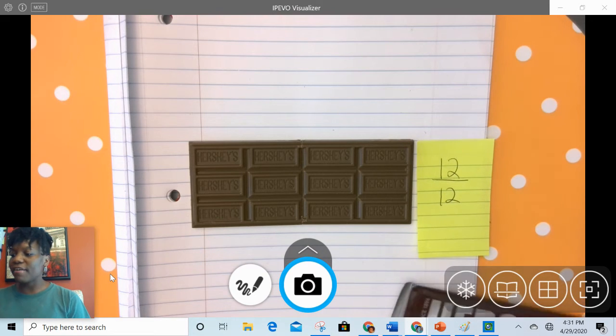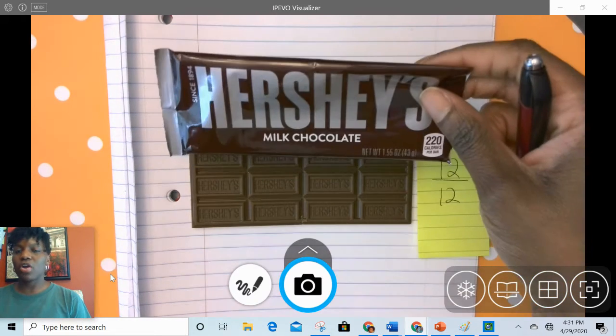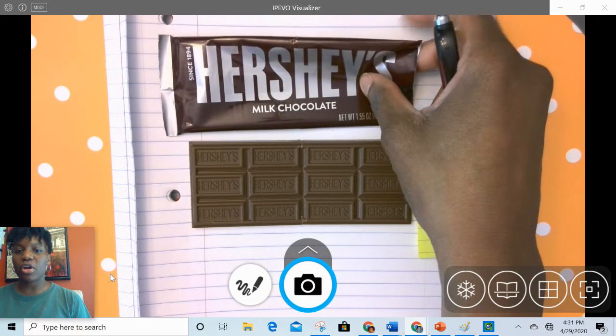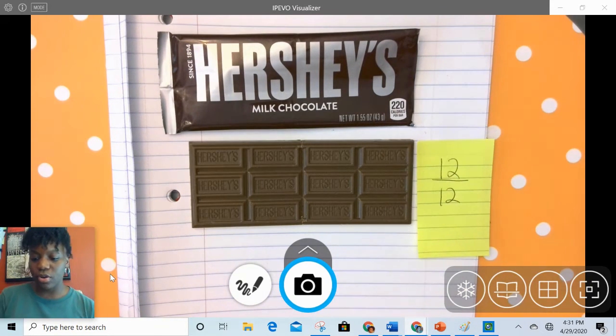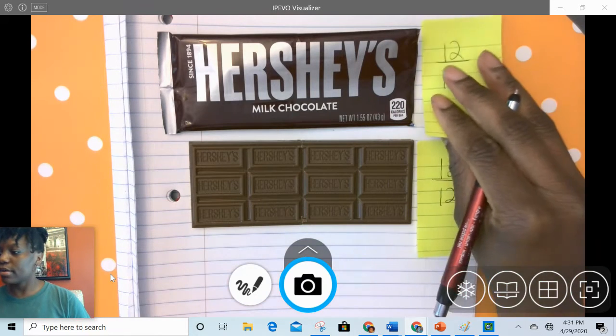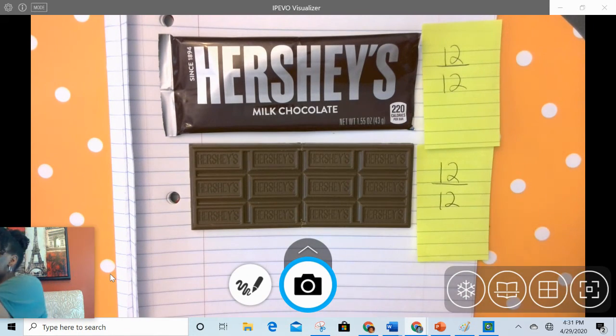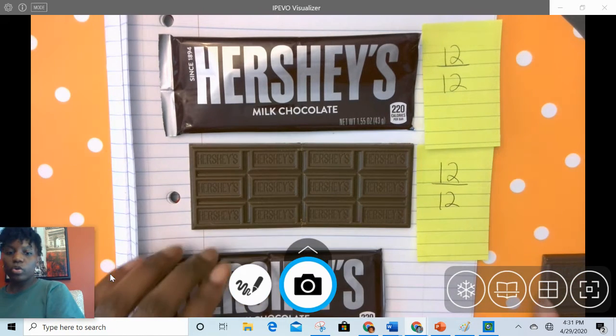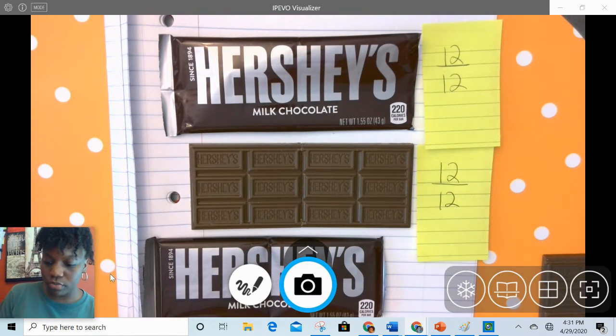So what if I have a whole Hershey's bar, and I have another Hershey's bar, which also has another 12 twelfths in it, right? And let's say I have a third Hershey's bar, which also has 12 twelfths in it.